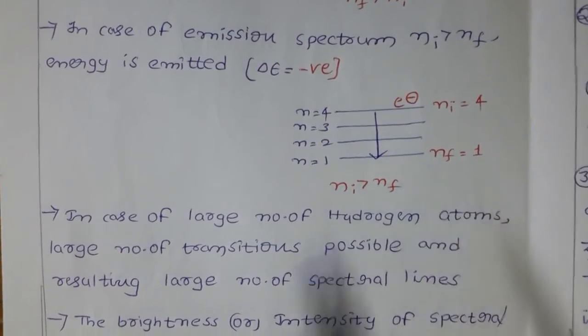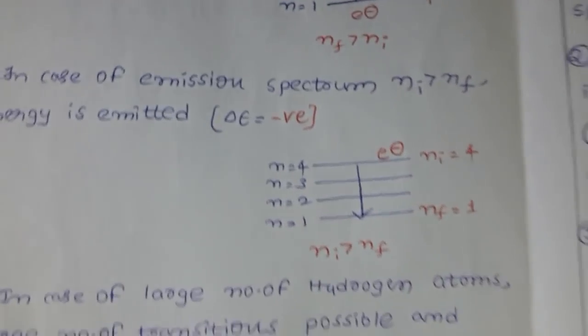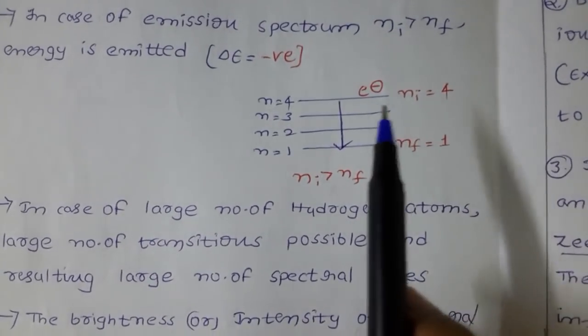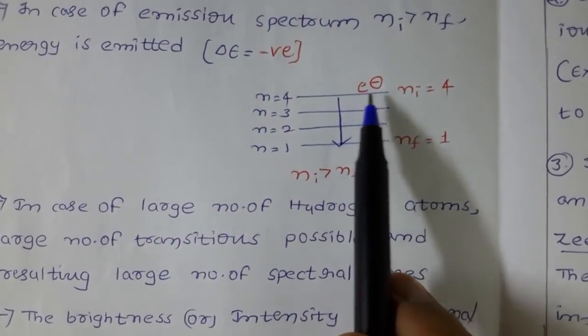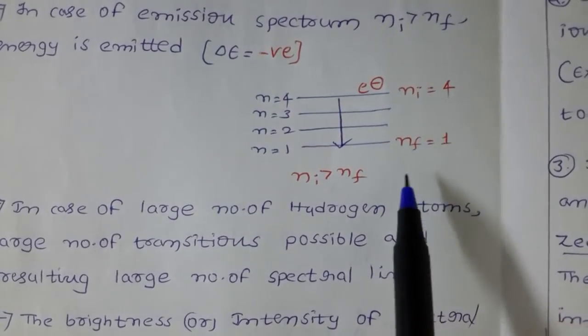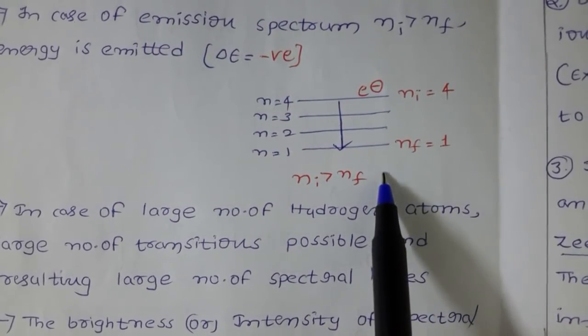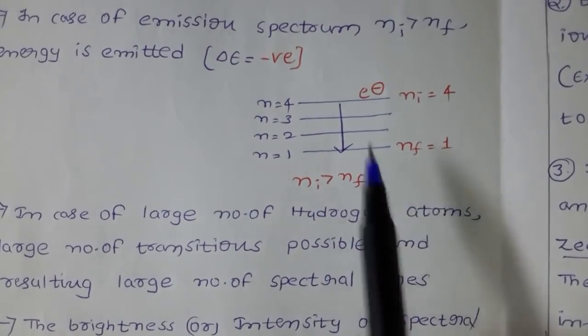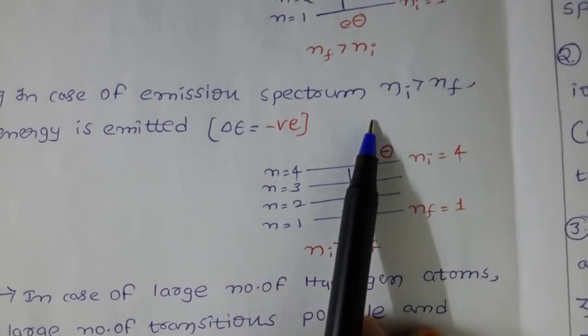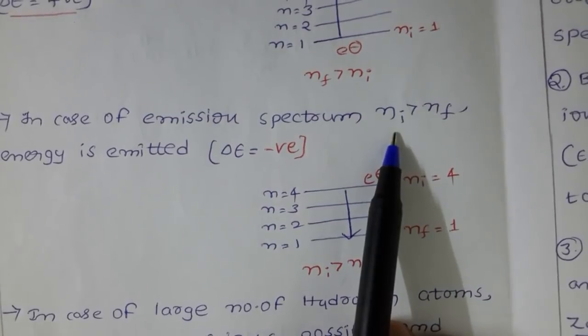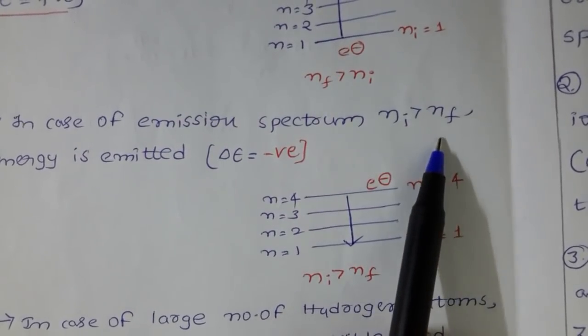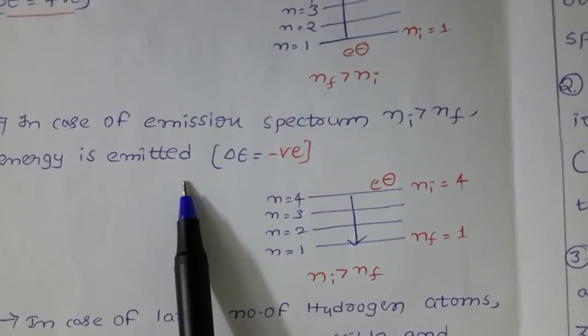This is the final. The electron here, from ni, the initial is the 4th. If it comes down, it is called the emission spectrum. So in the case of emission spectrum, the initial value ni is greater than nf and energy is emitted.